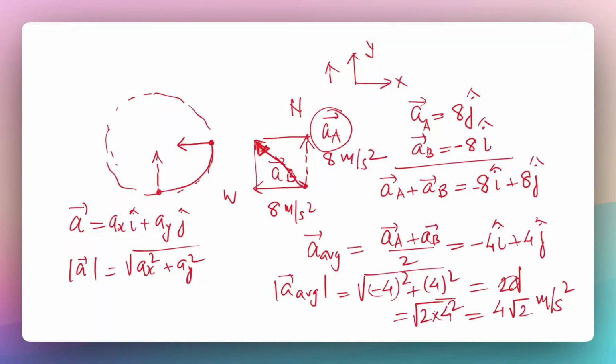My direction is going to be northwest in this case, and that is how we solve this circular motion problem. This is a very good problem because it helps you understand how the acceleration keeps on changing even when the object is moving with a constant speed in circular motion, and how we can find the averages as well as the magnitude of the centripetal acceleration.